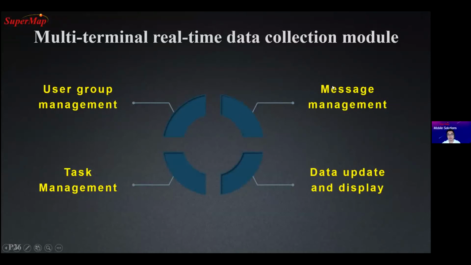And when we do the field survey, sometimes we need to communicate. So in this function, we have the message management. You can send a message to your colleagues and also send your data to your colleagues. And for some spatial data, when you collect them, it will also automatically upload to the cloud terminal.